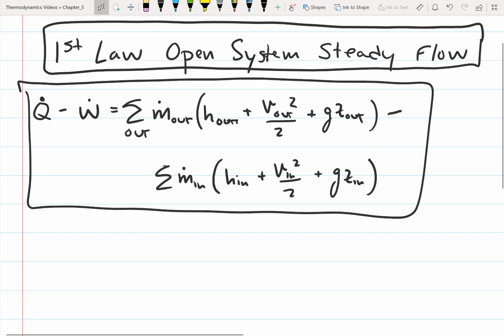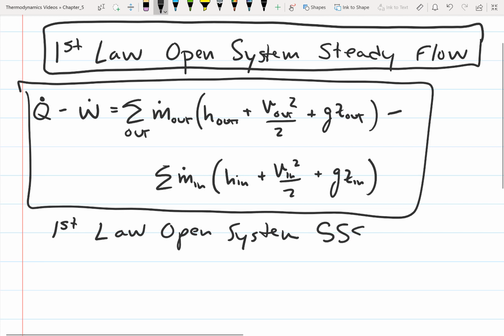If we only have one inlet and one outlet, we can assume that it's single stream steady flow. So the first law, open system for what's called SSSF, single stream steady flow.